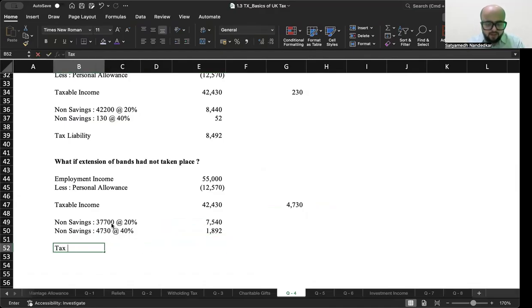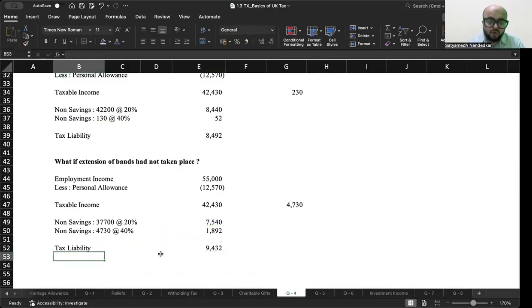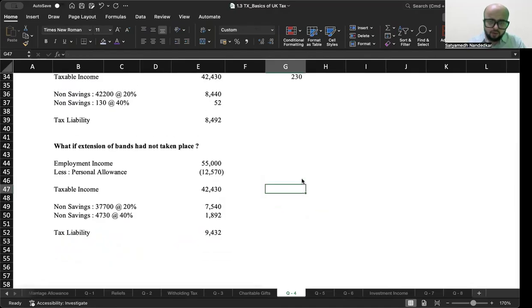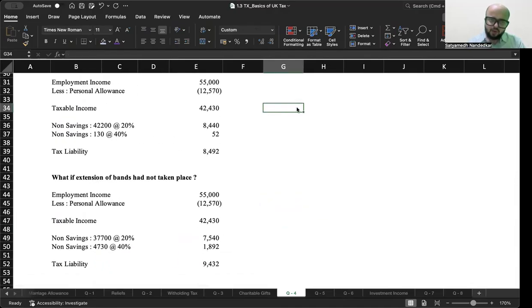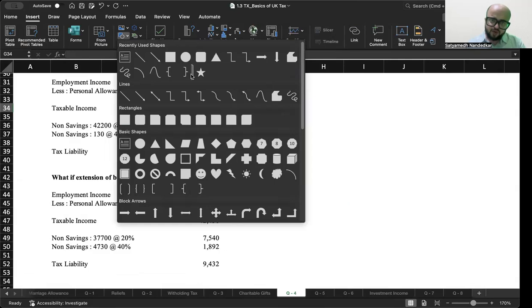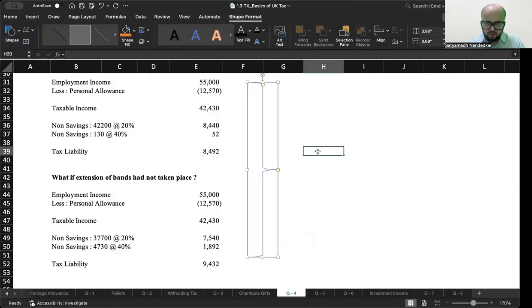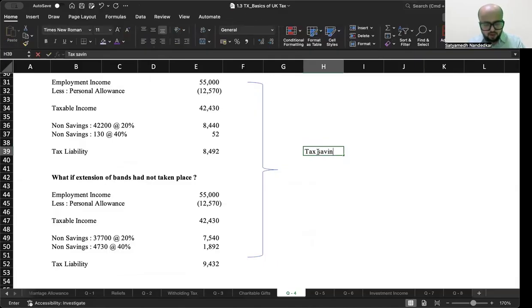So my tax liability would have been 7,540 plus 1,892, 9,432. Combine the two and see how much amount you ended up saving because of the extension of bands. Tax saving due to extension of bands.